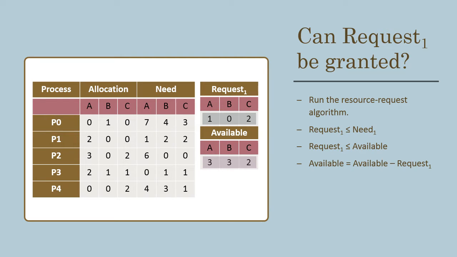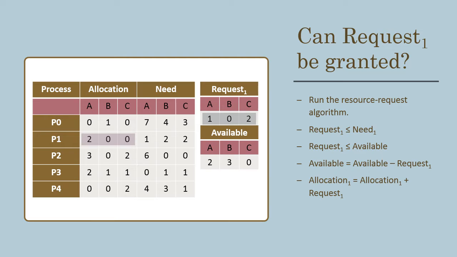Now we assume that we are granting request 1. So available becomes available minus request 1. 332 minus 102. Available becomes 230. Then allocation 1 is allocation 1 plus request 1. Request 1 is 102.